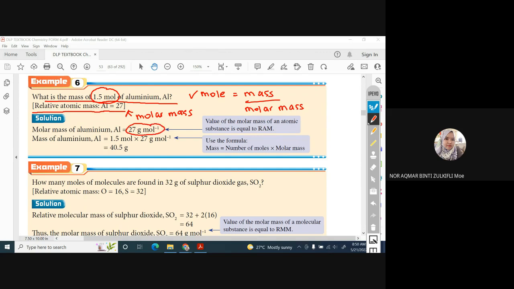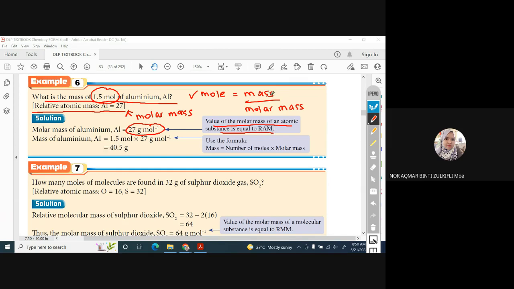When it is called molar mass, it becomes 27 gram per mole. You just add the unit. Earlier, relative atomic mass had no unit. The value of the molar mass is equal to the RAM, relative atomic mass. So you substitute into the formula.